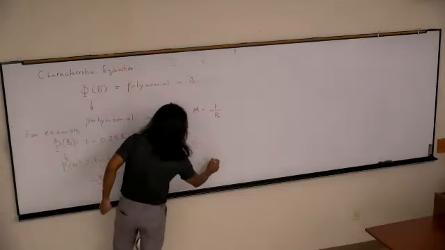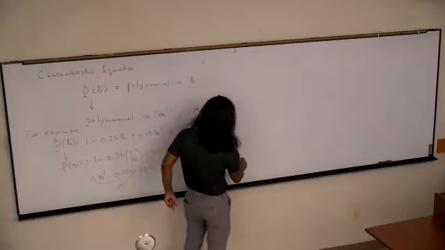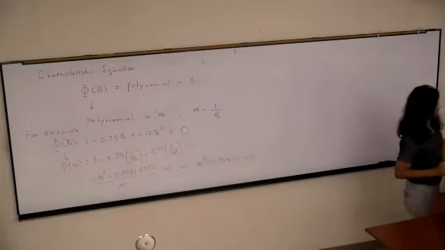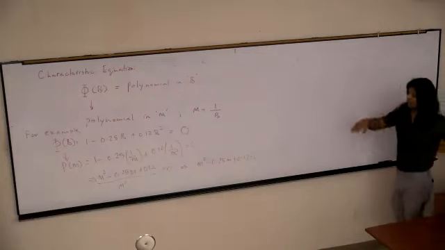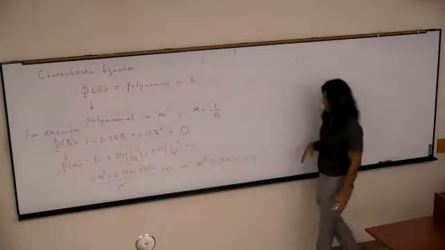So we simply have m squared minus 0.25 m plus 0.12 equals 0. So algebraically speaking, it's not doing anything wrong.